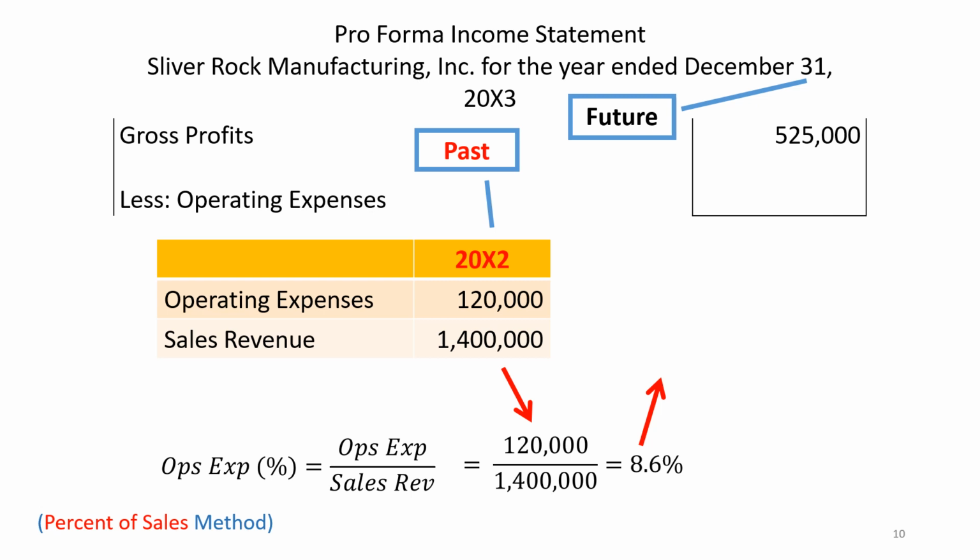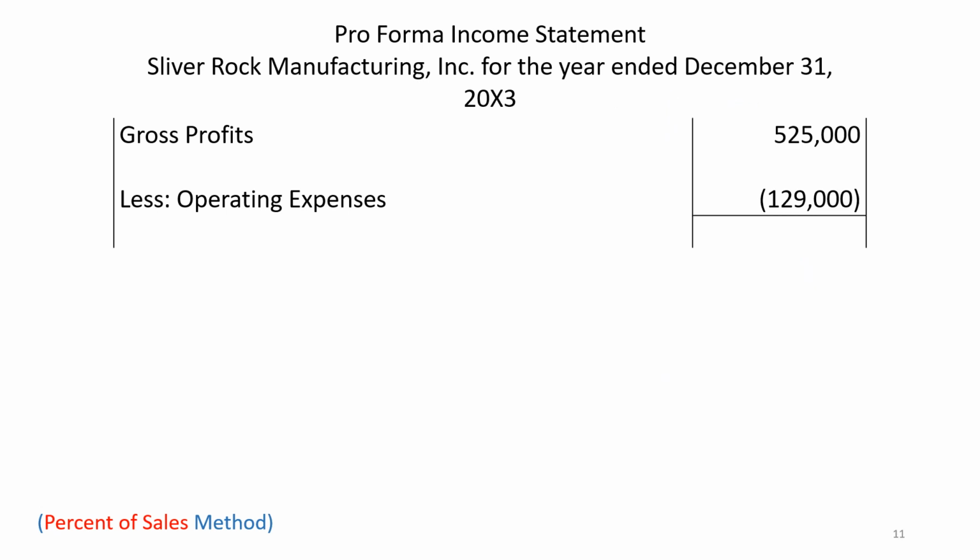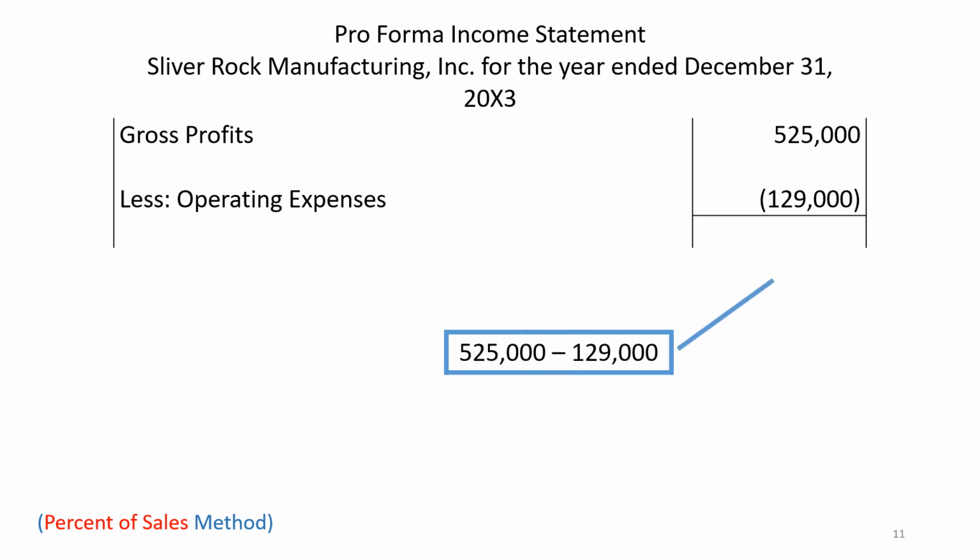We use 8.6% times the sales revenue of 20X3 and we'll find the figure for operating expenses. The gross profit minus operating expense gives you earnings before interest and tax.